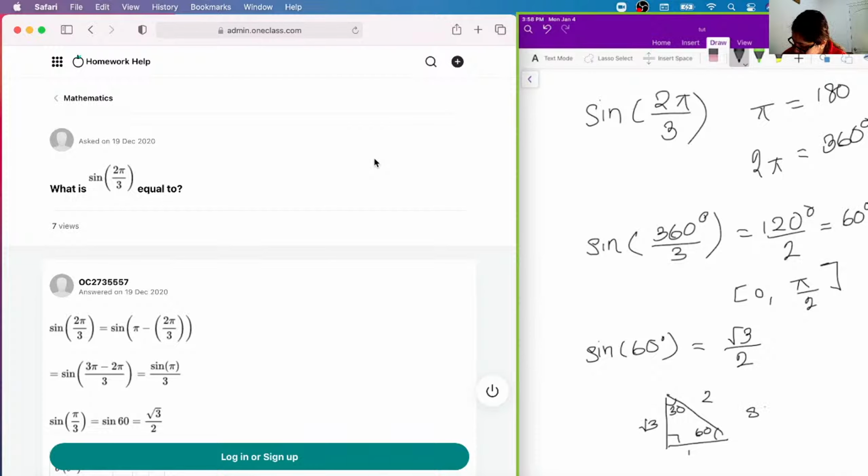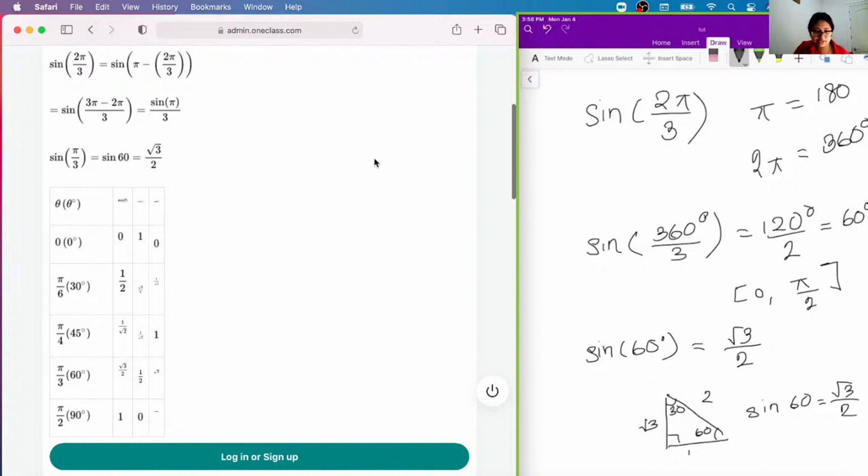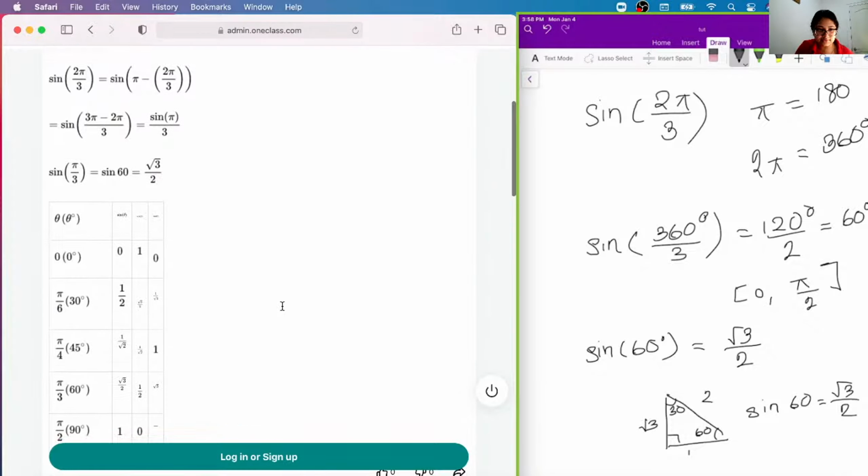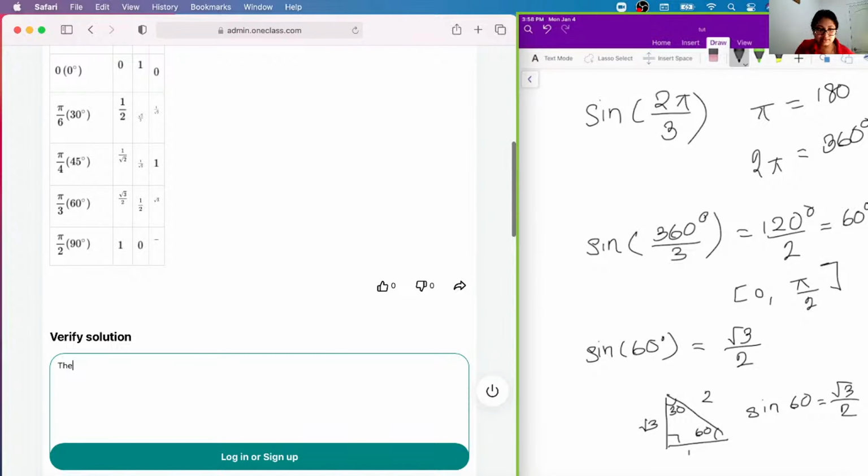And so sine 60 is root 3 over 2. Okay? And so sine of 60 is basically equal to that. And that is the answer. So this is what they've got. So the solution is correct.